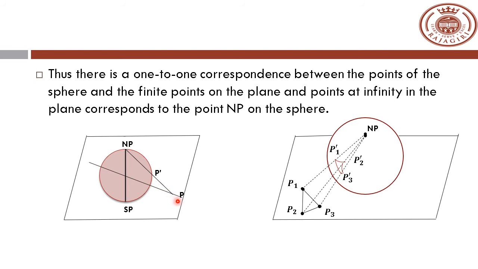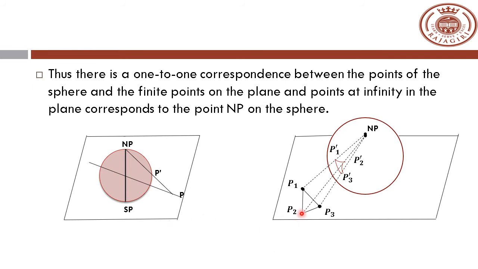Therefore, the image of the point P on the plane can be represented as P dash on the sphere. Thus, there is a one-to-one correspondence between the points of the sphere and the finite points on the plane, and points at infinity on the plane correspond to the point North Pole on the sphere.